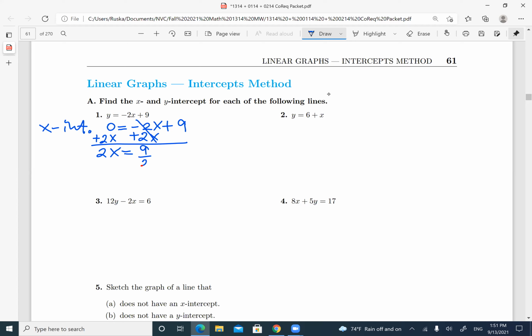Then divide both sides by 2. It's going to give you what x is. Let's use 9/2. I'm going to use it as a fraction. So my x-intercept is 9/2, 0.